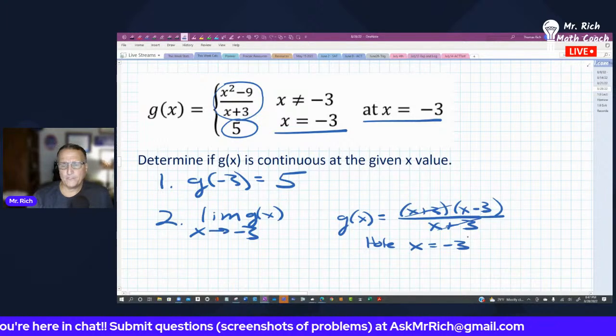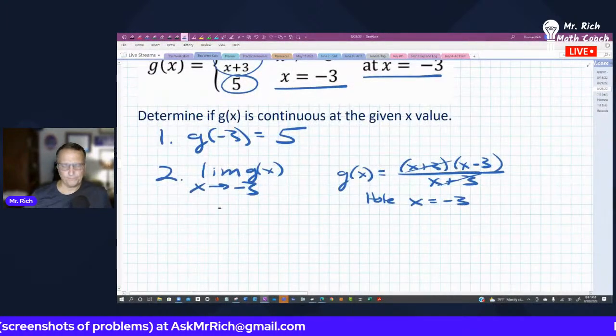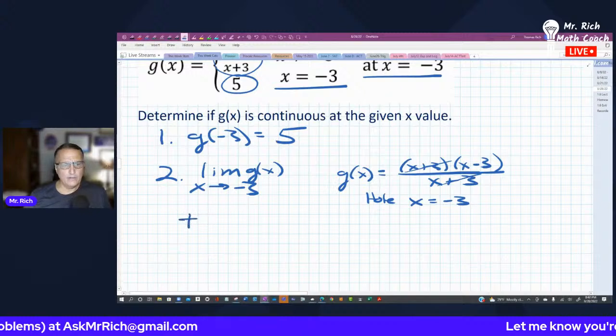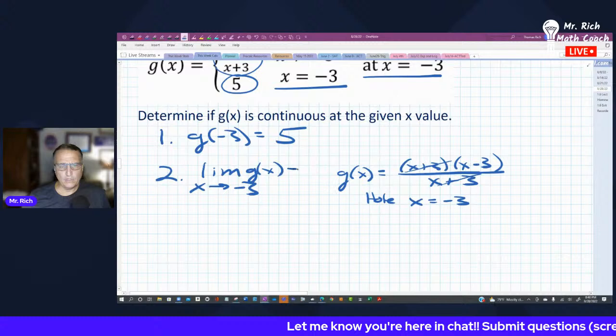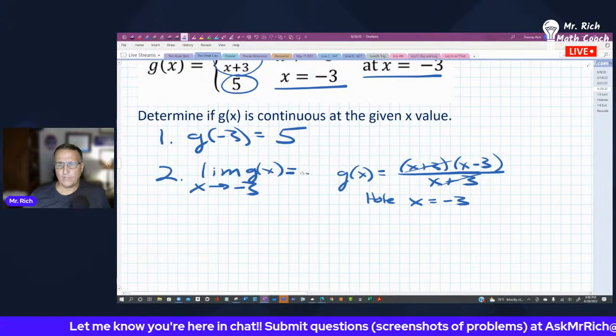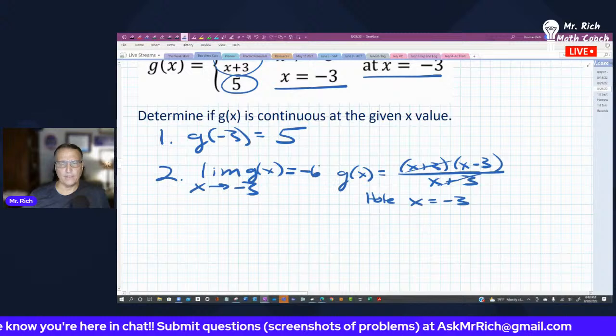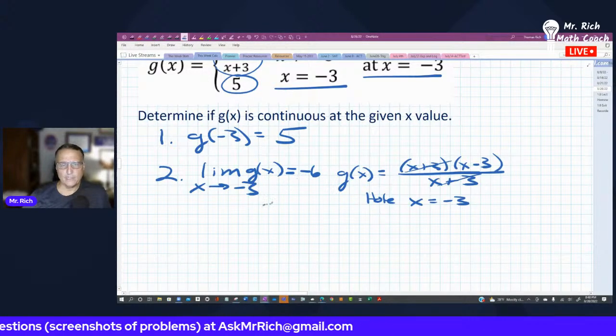All right, so I'm going to take the limit as x approaches -3 by direct substitution, and the limit does exist. And that limit is -3 minus 3, it's -6. So the limit does exist.